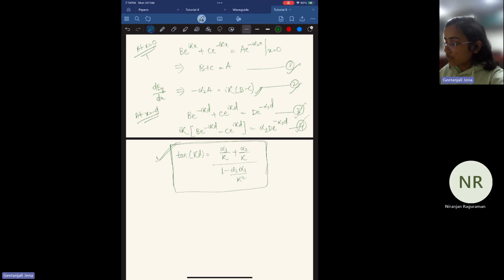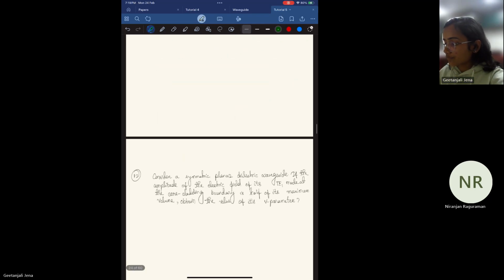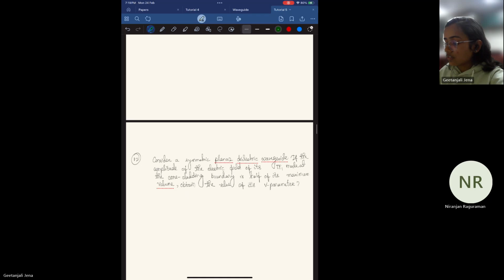Now let us move to our next problem. It may seem similar to what we have seen in the first two problems.